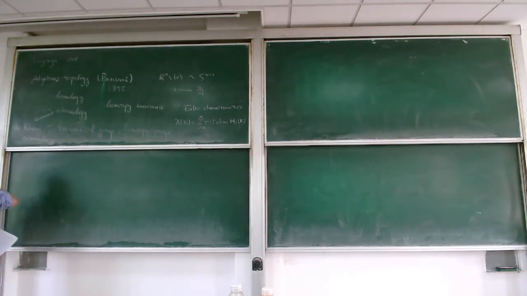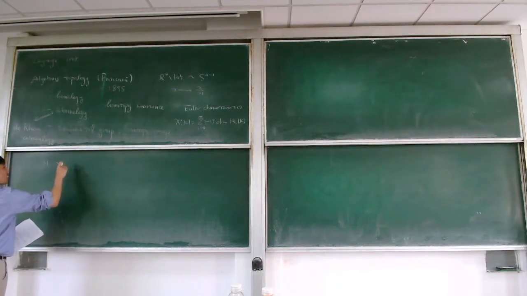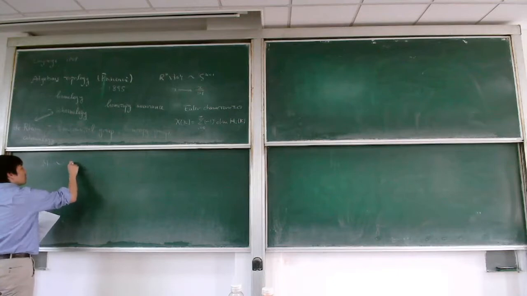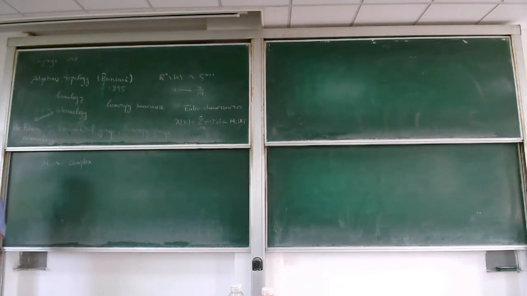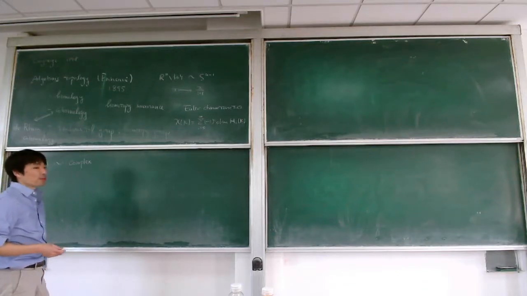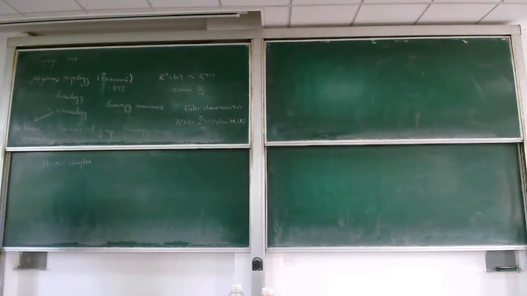Okay, so the basic notion is that we approximate the manifold by a so-called complex. I think usually if you go to a mathematics department, people use the singular complex, but it's a bit more complicated.